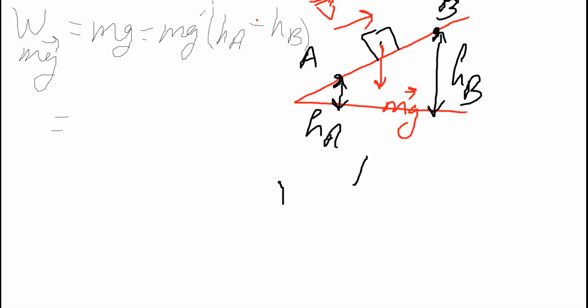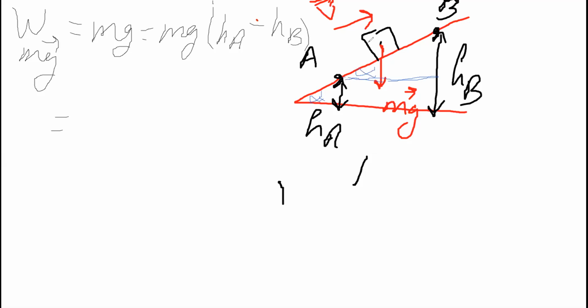But what if HA and HB are not given? Their values are not given, but we have the value of AB. How can I calculate HA and HB? In this case, we take a horizontal line from A. This angle of inclination is alpha, and also this angle is alpha.